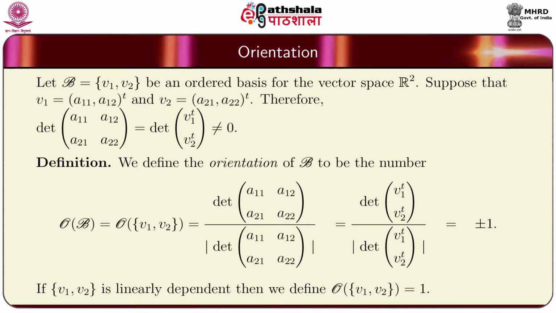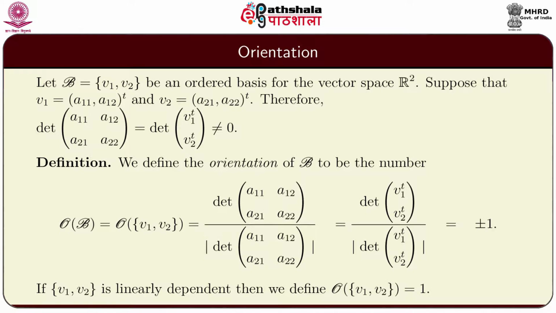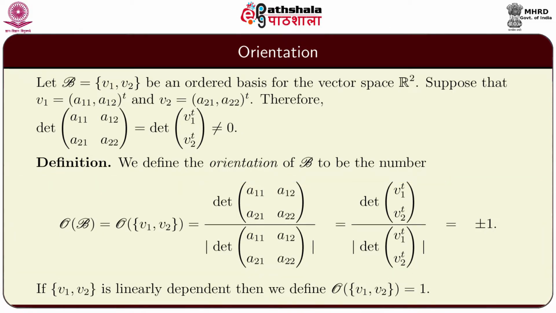Now, we define the orientation of the basis B to be the number denoted by OB, and that is given by this quotient: the determinant of the matrix A11, A12, A21, A22 divided by the modulus of the determinant of A11, A12, A21, A22.